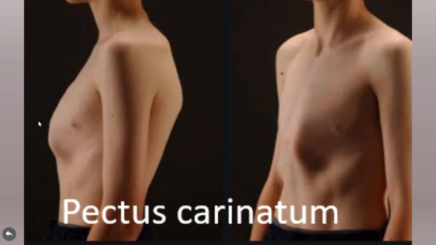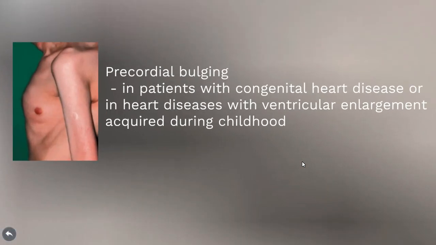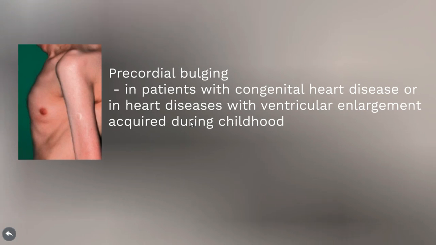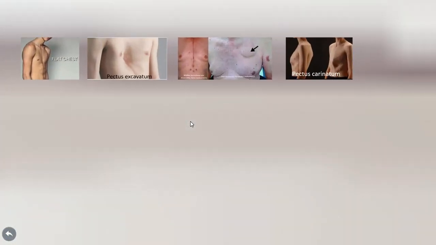If it is abnormally protruded at the center, you think of pectus carinatum. As for precordial bulging, this is seen in patients with congenital heart disease, with LV enlargement acquired during childhood. Okay, this is for the inspection. You have to check if there are any abnormalities.